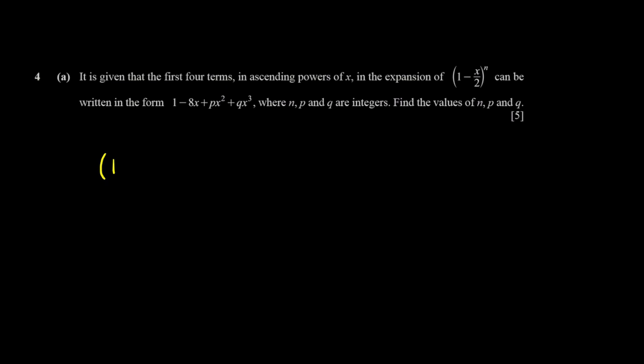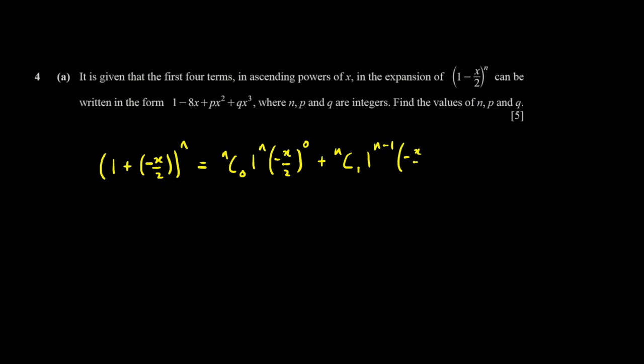We have got 1 minus x upon 2. Now I'm going to rewrite that as 1 plus negative x upon 2, all to the power of n. So then if I expand this, I'm going to get nC0, 1 to the power of n, negative x upon 2 to the power of 0, plus nC1, 1 to the power of n minus 1, negative x upon 2 to the power of 1, plus nC2, 1 to the n minus 2, negative x upon 2 to the power of 2.